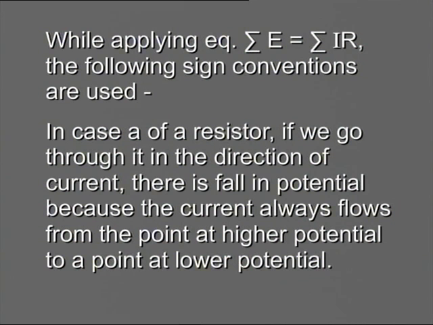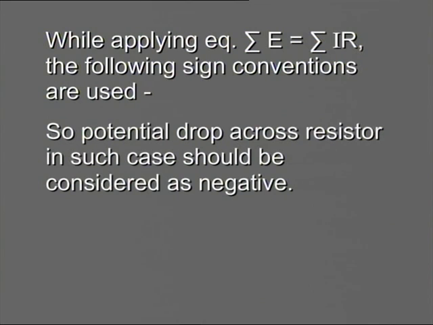In the case of a resistor, if we go through it in the direction of current, there is a fall in potential because the current always flows from the point at higher potential to the point at lower potential. So, the potential drop across the resistor in such a case should be considered negative.